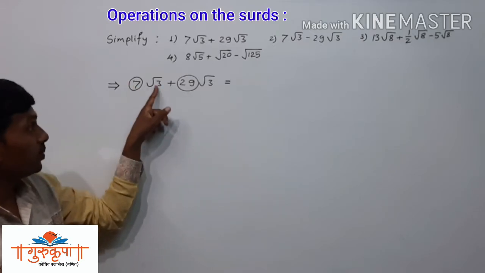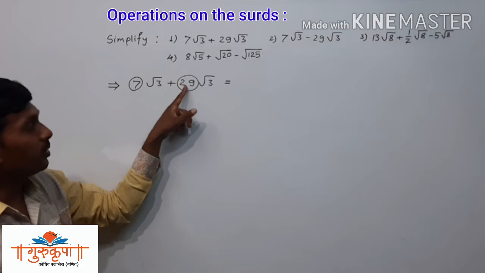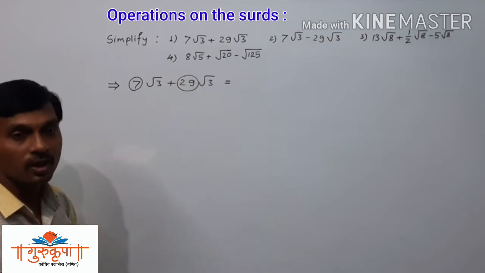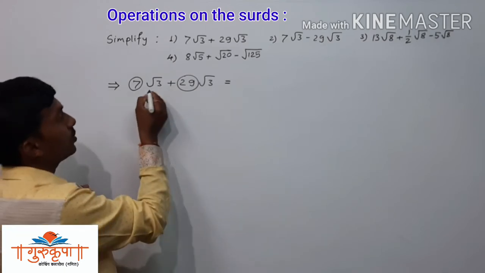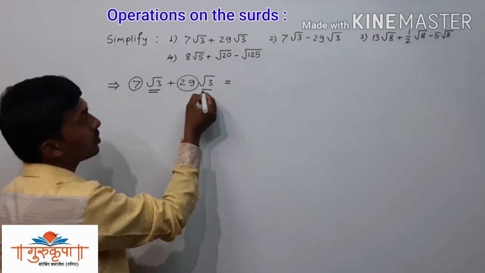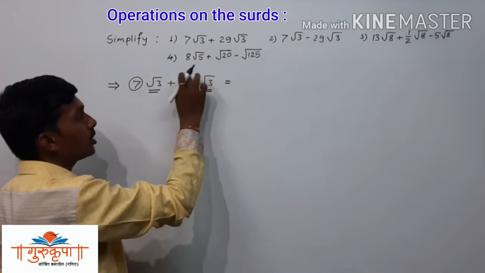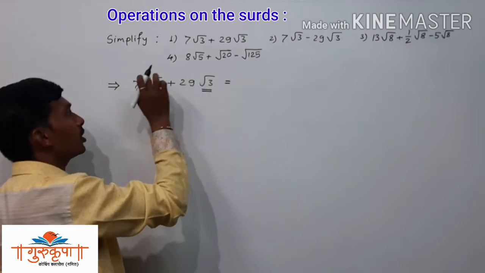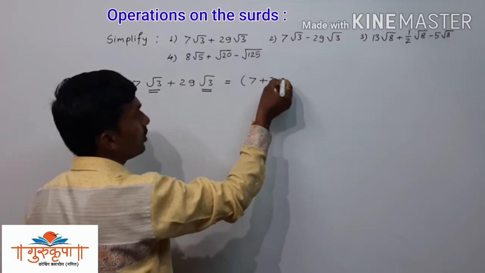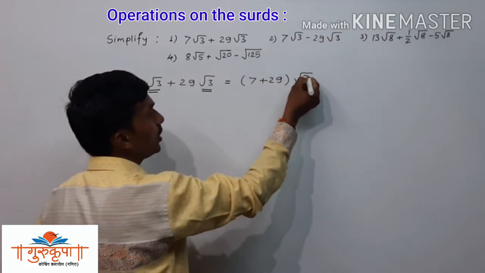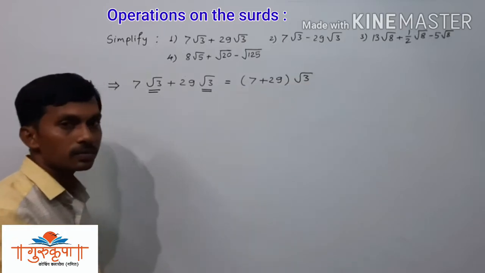Here 7 is the coefficient of the first surd and 29 is the coefficient of the second surd. Or simply you can take this root 3 as common from both the terms. So what remains inside the bracket? Inside the bracket 7 plus 29 remains if we take root 3 as common.